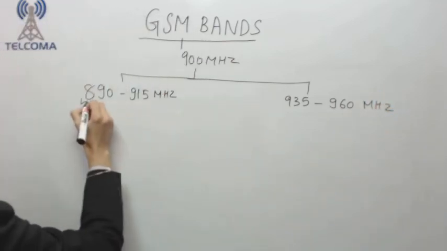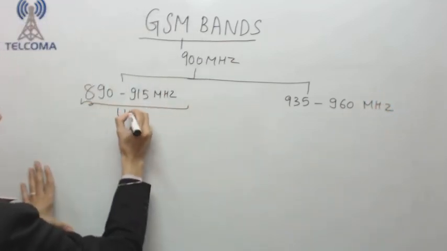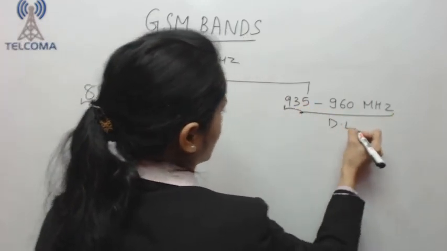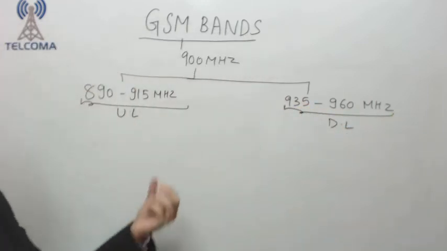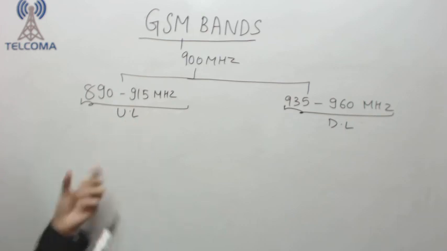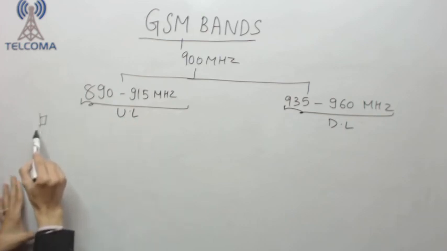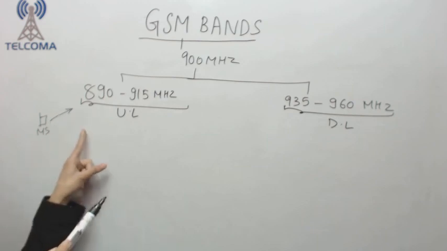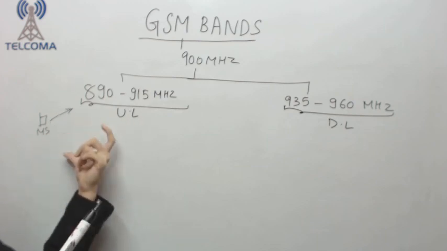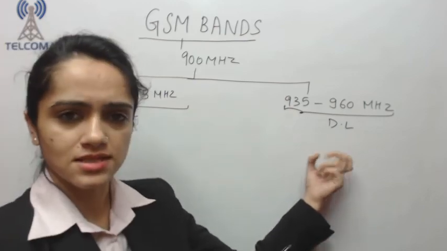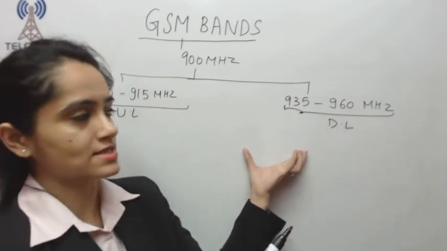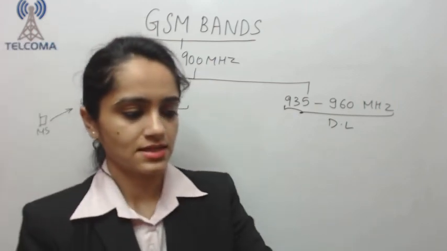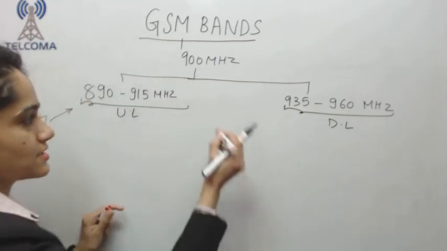The first range we have reserved for uplink and the second for downlink. The uplink has the lesser frequency because the UE or mobile station has lesser power and needs to cover the distance to the network. Lesser frequency covers more distance. More frequency means less distance, but the power of the network is more as compared to the mobile station.